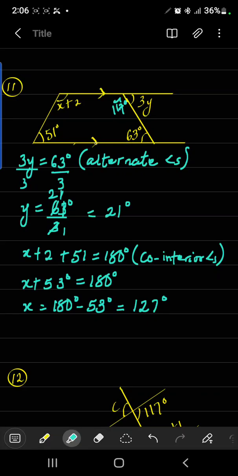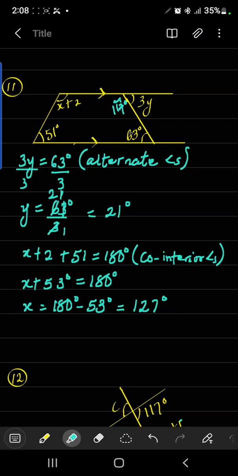You know a shape with 4 sides and 4 angles is called a quadrilateral, and we have 4 angles here and 4 sides, so this is a quadrilateral. So sum of angles in a quadrilateral is 360. So 117 plus 63, that is 180. Then add 51, add 2. Then the answer you get, subtract it from 360, you get your x.